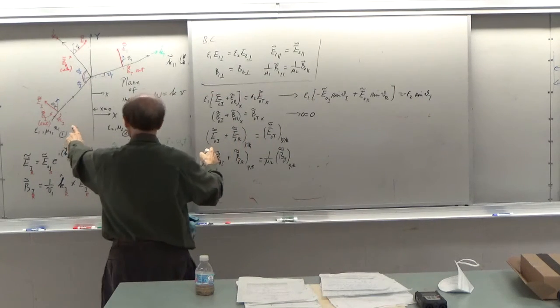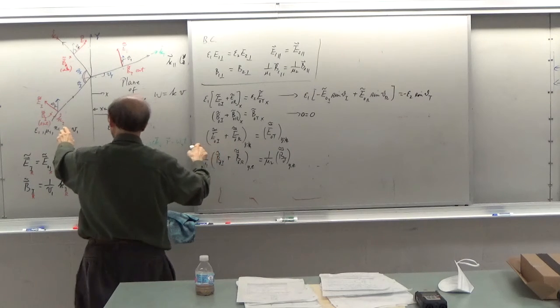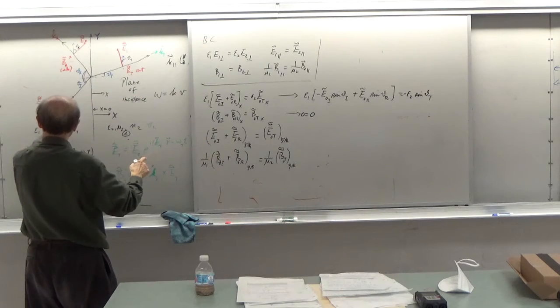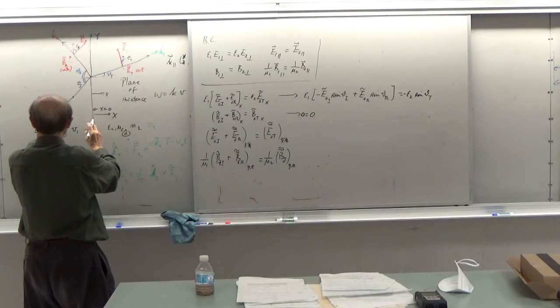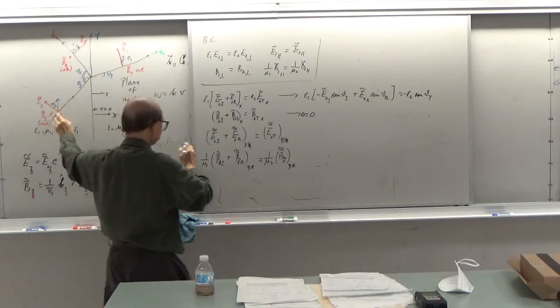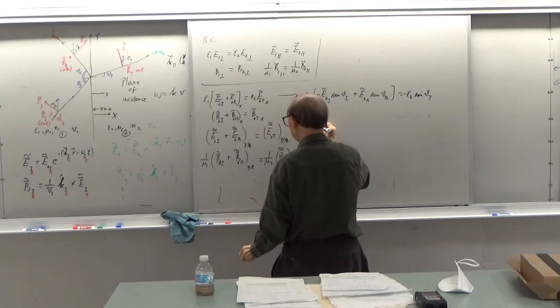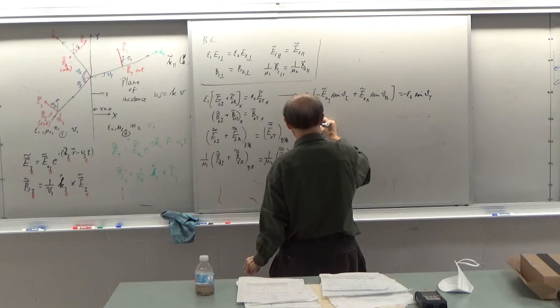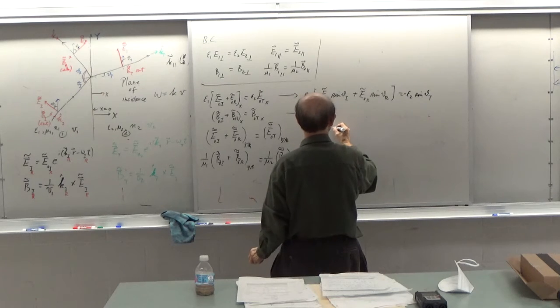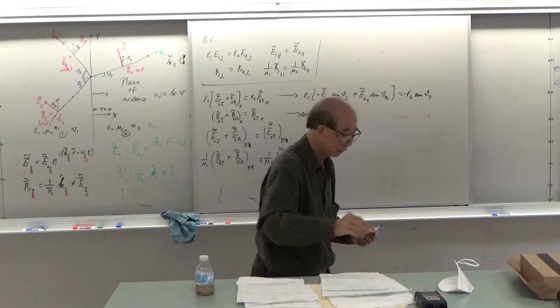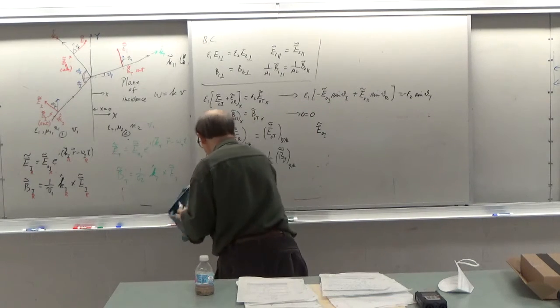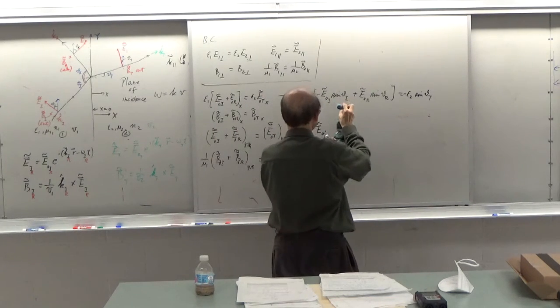The y component of E_I is in this direction, so it is E_0I complexified times cosine of that angle.